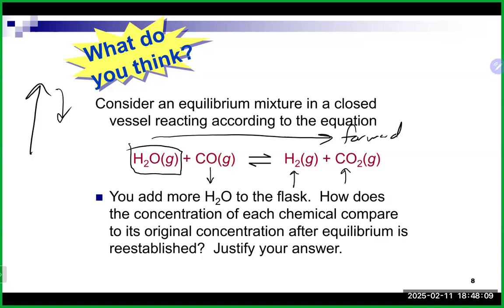You may actually end up with more water than you started with because you artificially added it. But you should definitely see it peak because you added it, and then as the forward reaction proceeds, it should work its way back down. Any questions on that?